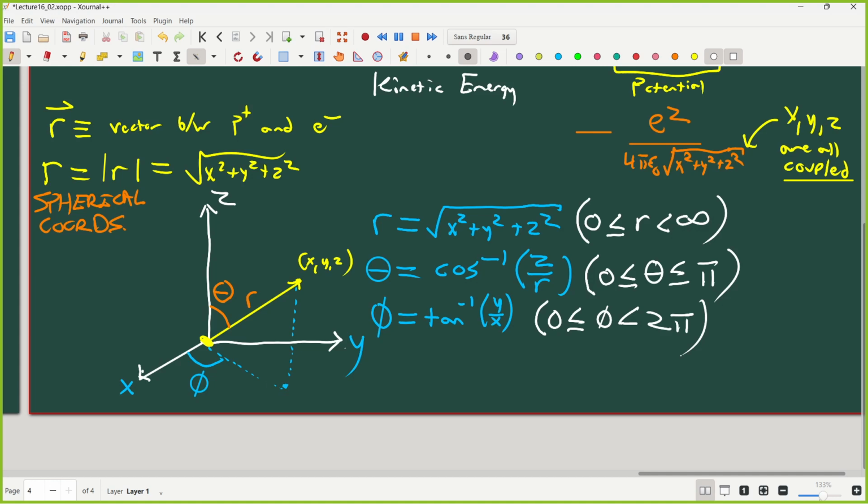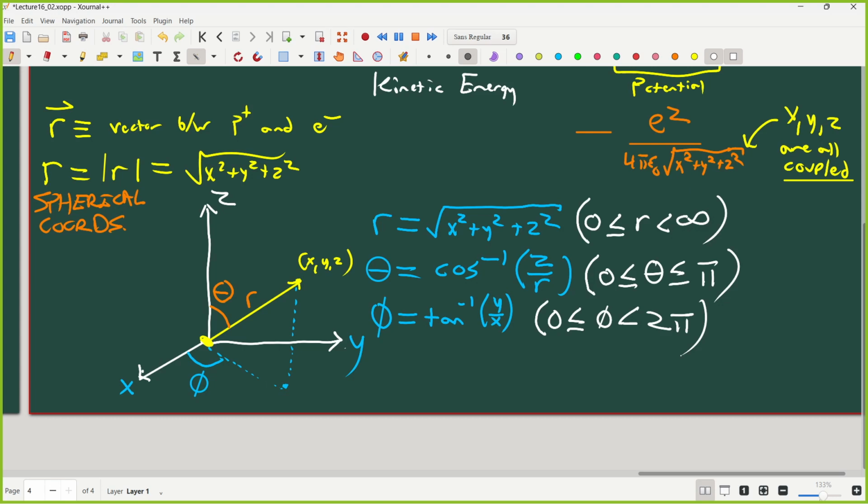Okay? But we have to worry about the kinetic energy now. When we talk about the kinetic energy of this particle moving, we're going to have to consider again how it's moving around the circle, right? How do theta and phi change? But also does the system move in this way as well? Right? Does it get closer or further away from the proton? Right? So the kinetic energy is dependent on all 3 parameters.